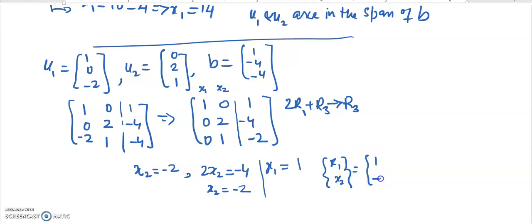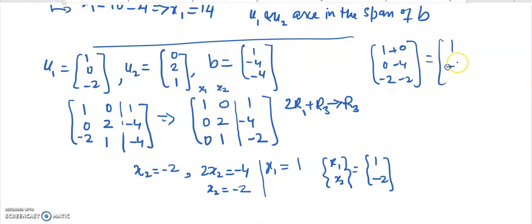So we get a unique solution, x1 and x2 as 1 and minus 2. This means that if we multiply this u1 by 1 and then multiply this by minus 2, then we will get b. So we can even just verify it. By 1 it will be 1 0 minus 2, and then minus 2 multiplied, so it will be plus 0, minus 4, and then it will be minus 2, so 1 minus 4 minus 4, which is the same as B. So it means that B is in the span of U1 and U2.